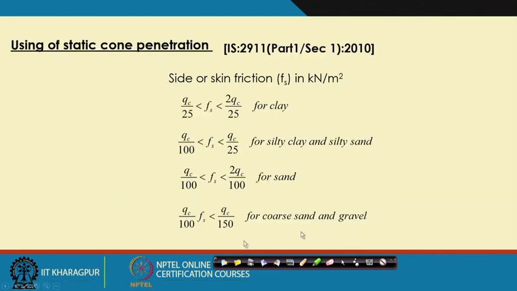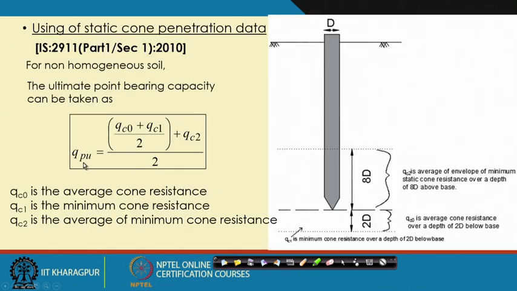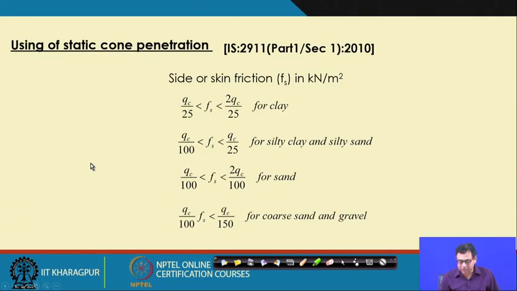and then that was the tip resistance, QPU, and for the friction resistance, the IS code recommended that for different soils, your friction resistance should be within a limit.